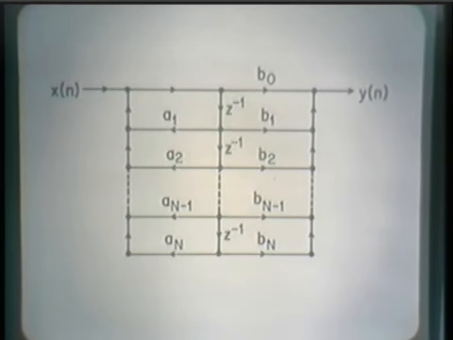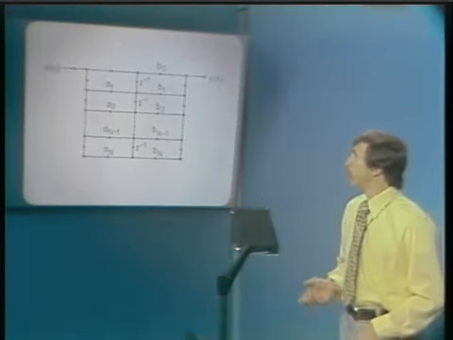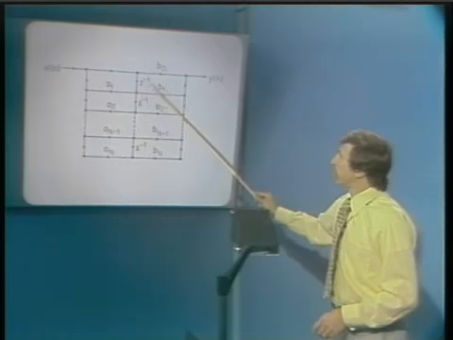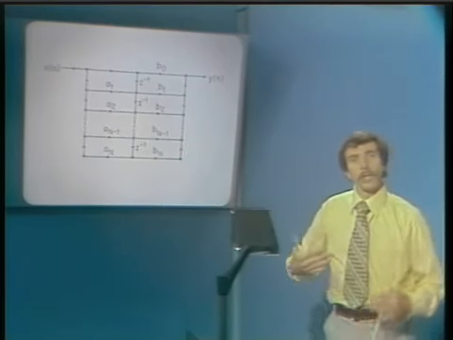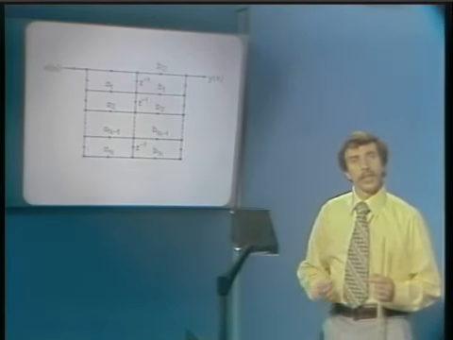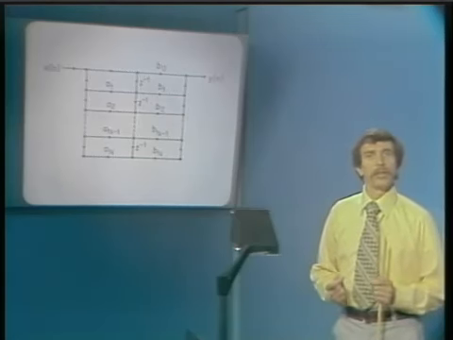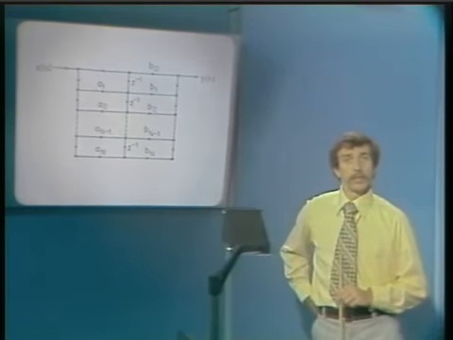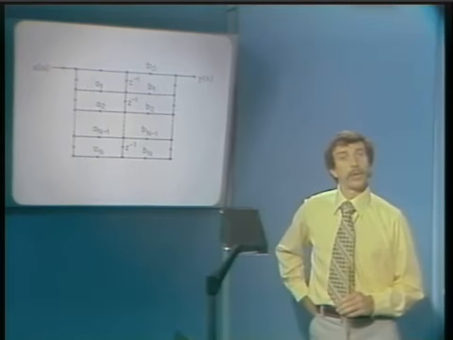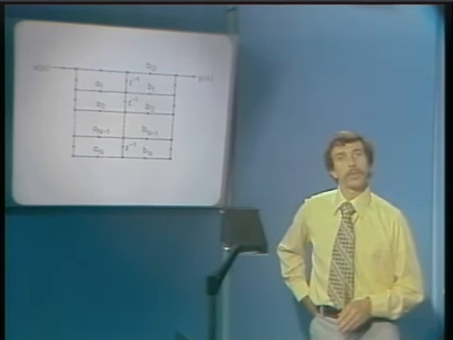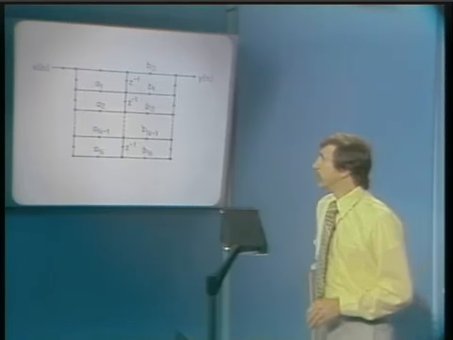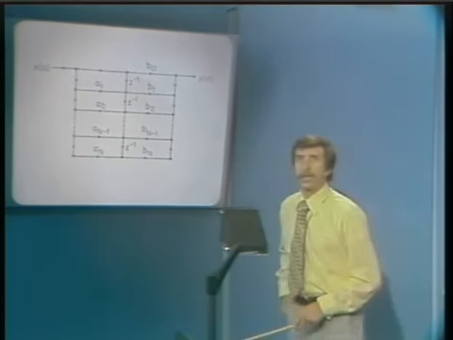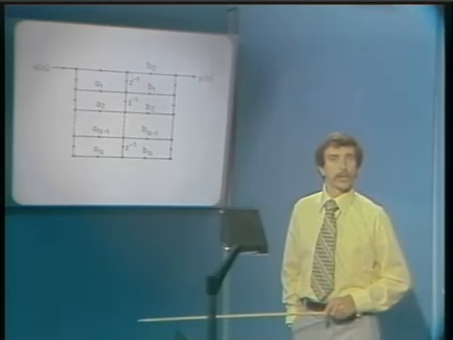Now, in drawing a network, of course, it doesn't particularly matter whether we conserve z to the minus 1s or equivalently whether we collapse a network when we can take advantage of the fact that the output of two delays is the same. But clearly, in terms of implementation of a digital filter, either in terms of a program or in terms of special purpose hardware, there's an advantage to reducing the number of delay registers that are required.